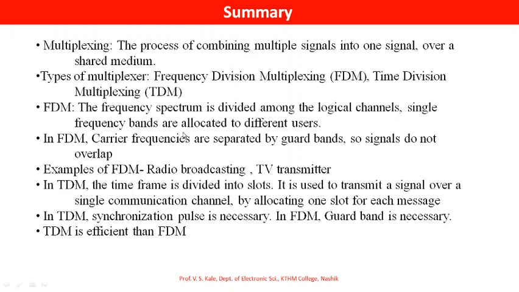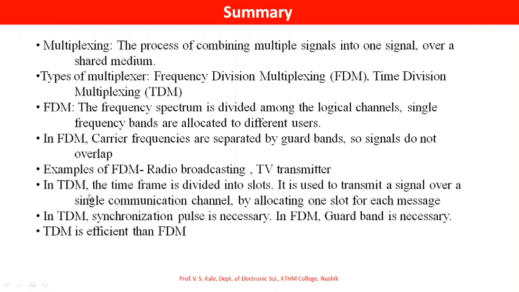Single frequency bands are allocated to different users. In FDM, carrier frequencies are separated by guard bands, so signals do not overlap. Examples of FDM: radio broadcasting, TV transmitters.